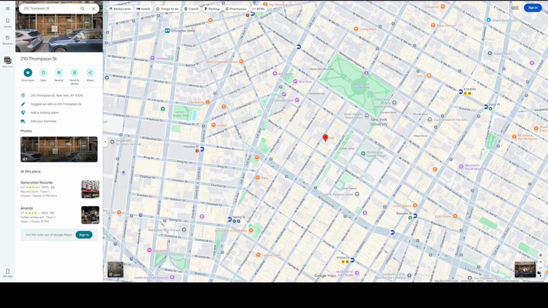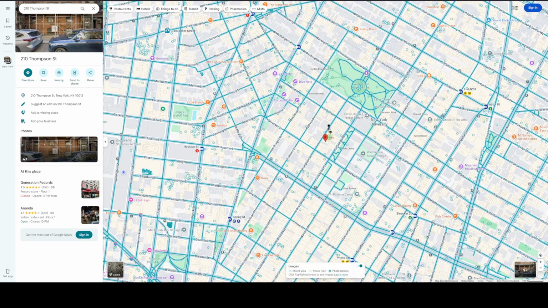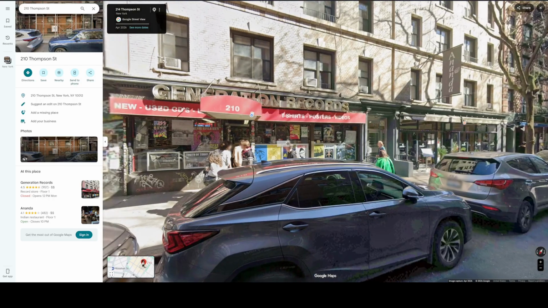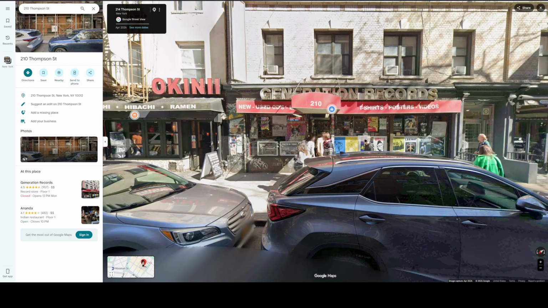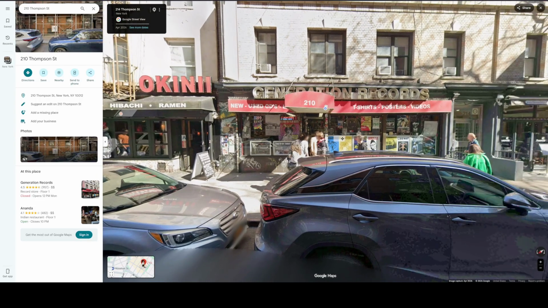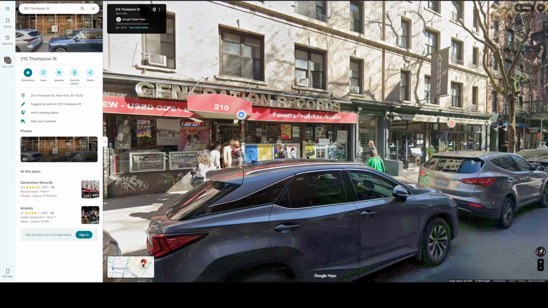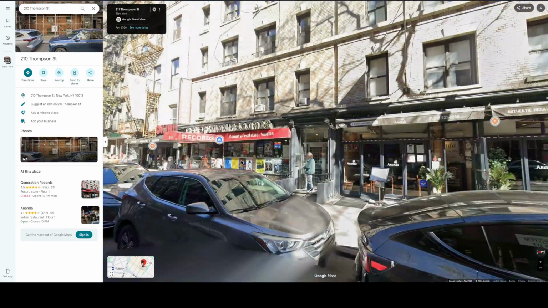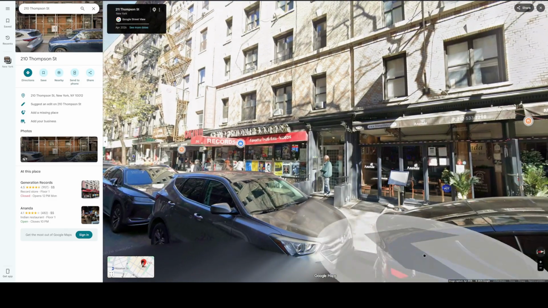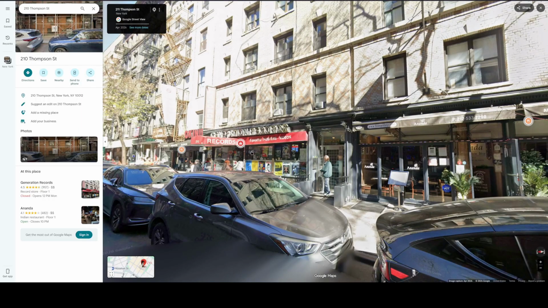210 Thompson Street. I don't think anyone listening to this video is going to know what I'm talking about, but maybe. This place has been here for a very long time, and I'm happy to see it. First of all, I don't know how long they can survive because of what I just said, because of rents. But this is current day. This is April 2026, it says there.